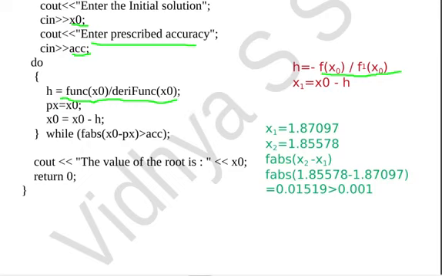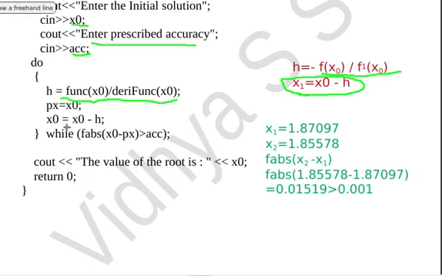Then for each iteration I need to find x1 equal to x0 minus h, that is, the new x value will be equal to the previous x value minus h. Here I have found h, then the new x0 value is equal to the previous x value minus this h.